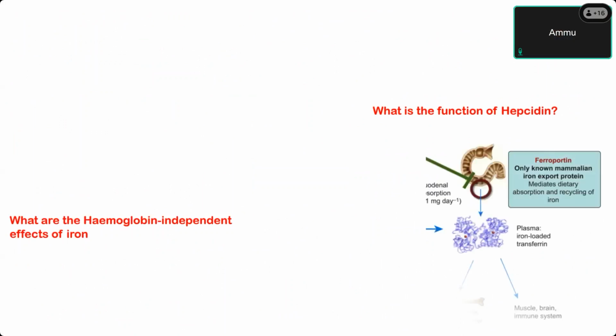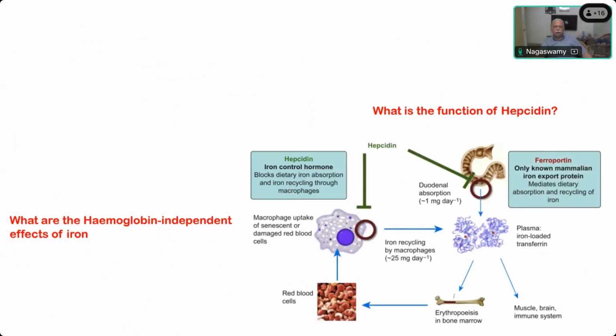Very good. Not only iron from the small intestine, but it also helps in the macrophage uptake of the resistant RBCs. When the hemoglobin is released from the old RBCs which have completed their lifespan of 120 days, hepcidin helps the macrophages take up the red blood cells and then release the hemoglobin to plasma.